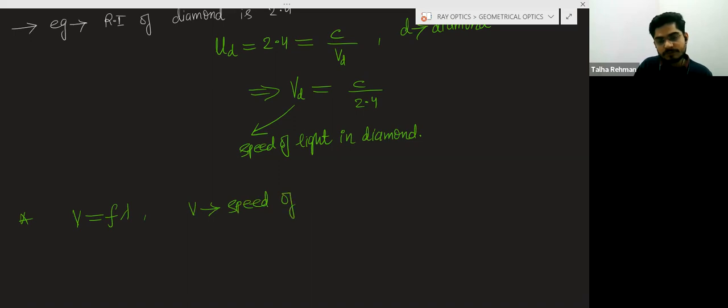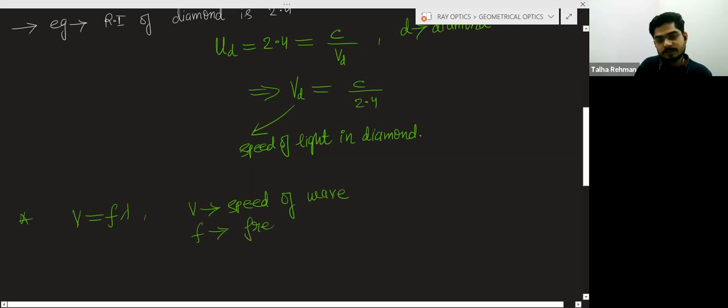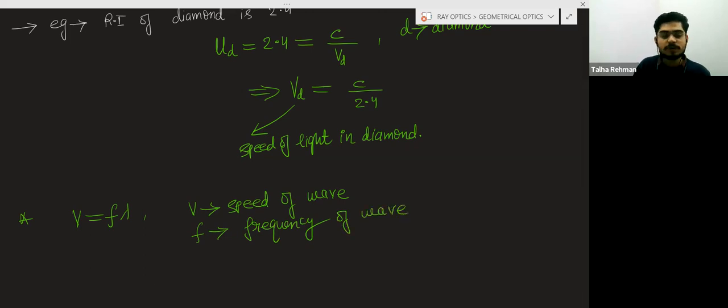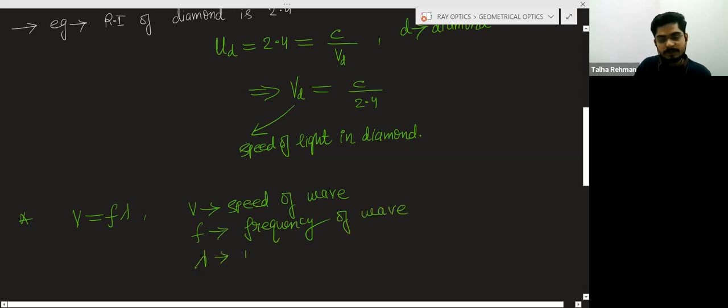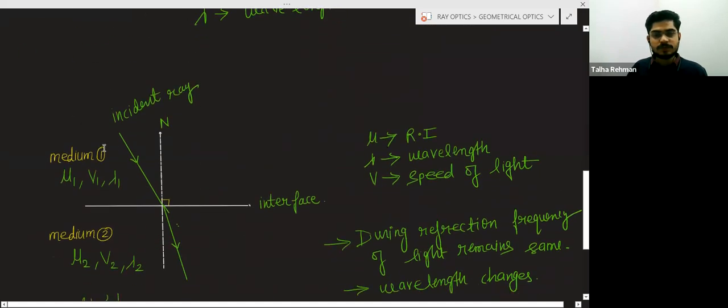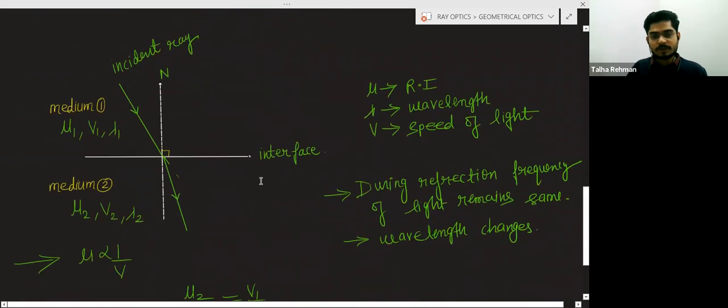The speed of the light wave. Light is also an electromagnetic wave. f is the frequency of the wave, and lambda is the wavelength. So v equals f into lambda. We will use this formula here.